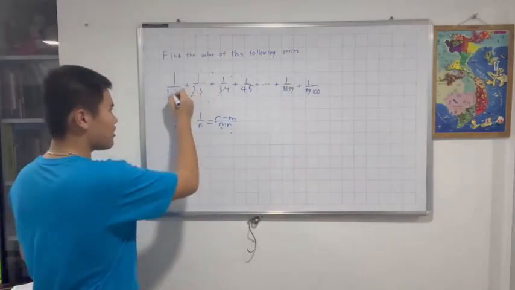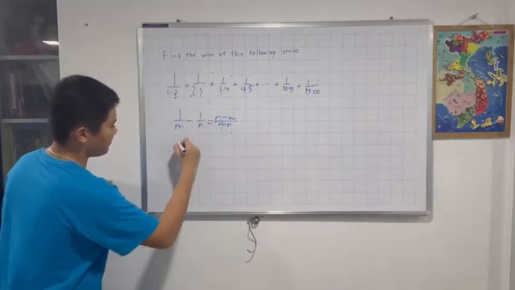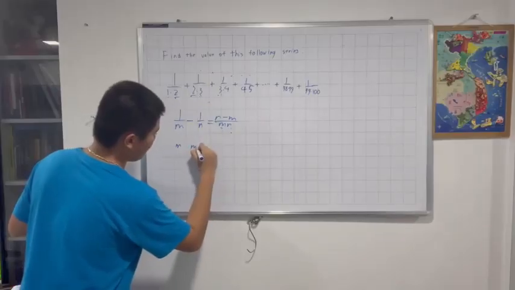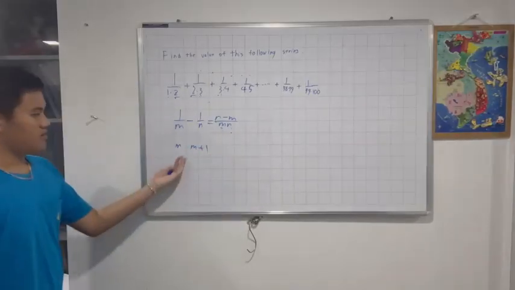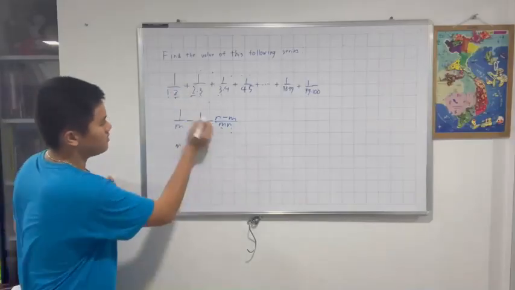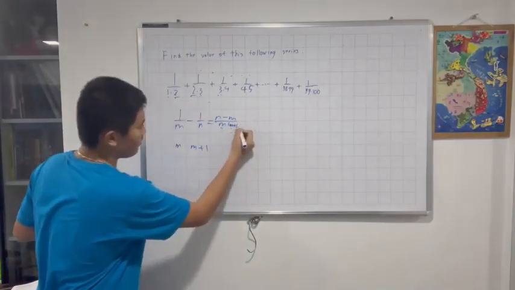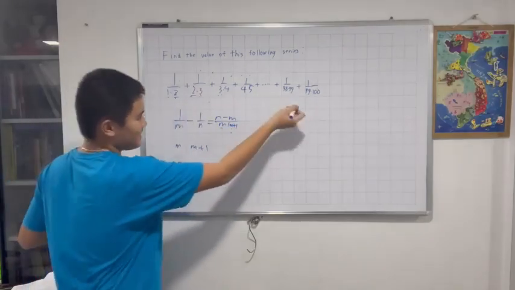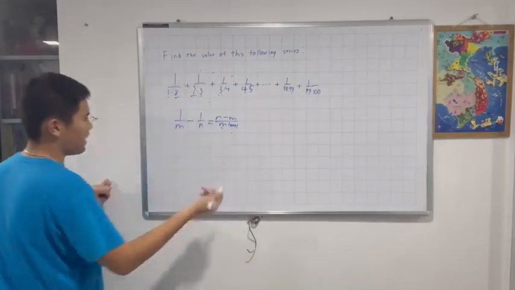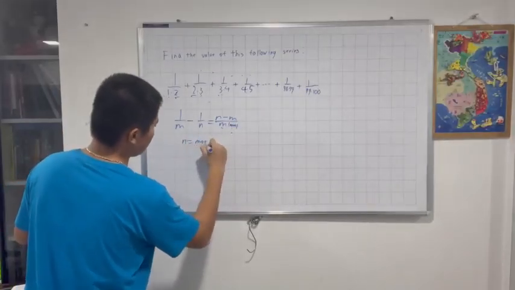So why don't we express this with a variable, like m, and then m plus 1, right? So it's the same as this. We can manipulate it like this: let's replace n with m plus 1, right?